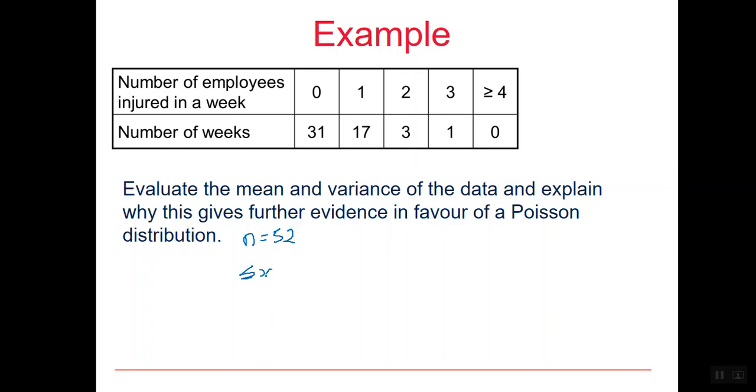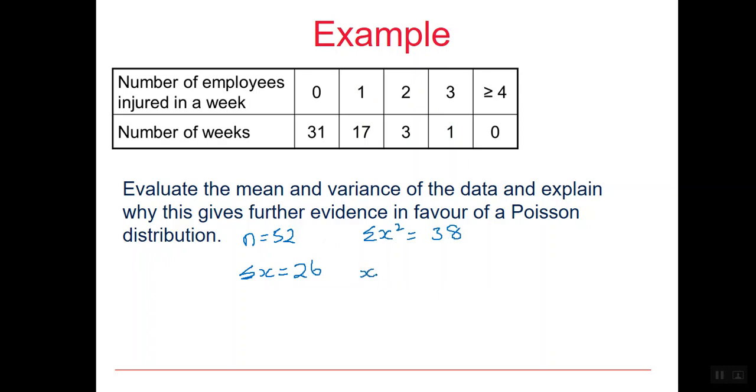Also, the sum of the x values. Okay, well we've got one injury here 17 times, 2 injuries 3 times, and so on. So we multiply these and add them together, we get 26. We can also get the sum of x squared in a similar way, and that turns out to be 38.